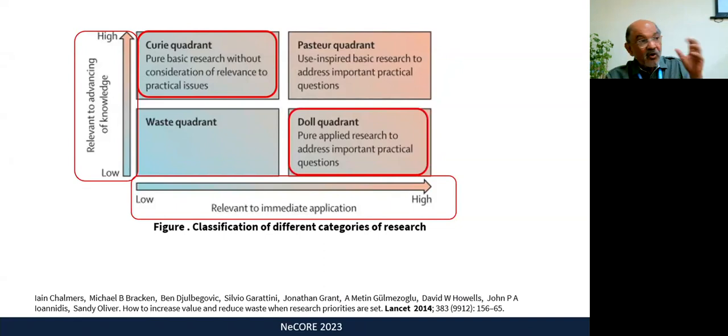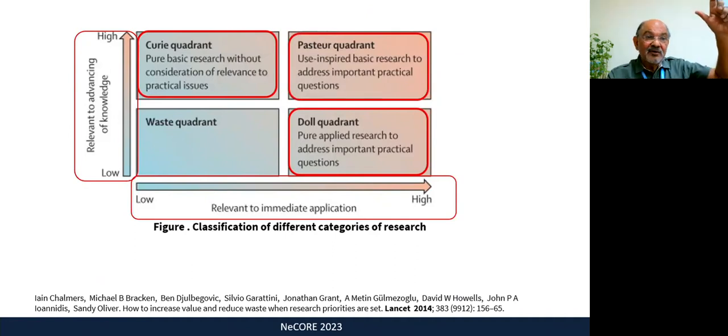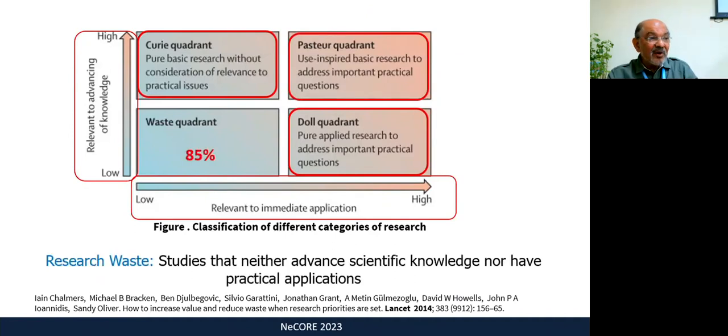On the other end, a quadrant which was clearly immediately practically applicable. And then a quadrant which did both. But the majority of publications, 85% they believe, fall into the waste quadrant, where it neither advances scientific knowledge nor has practical applications. And why? Because of the pressure to publish. So people publish because they have to, not because it advances science or has any practical application.